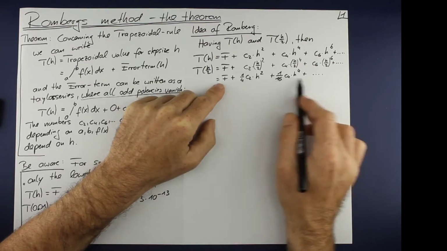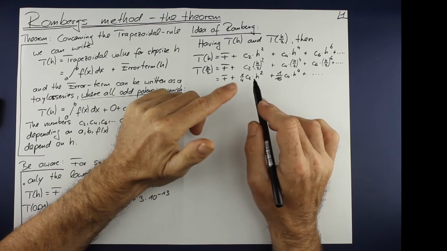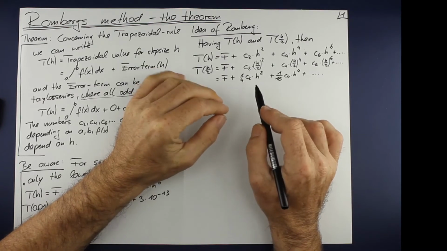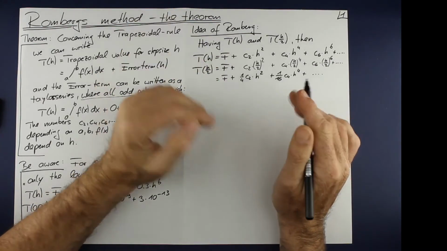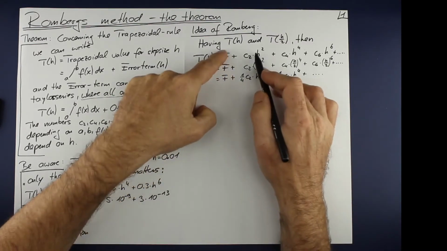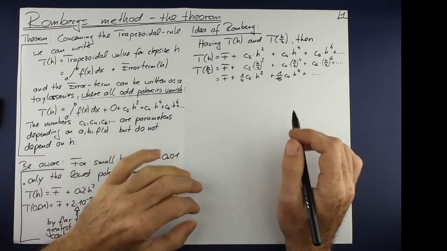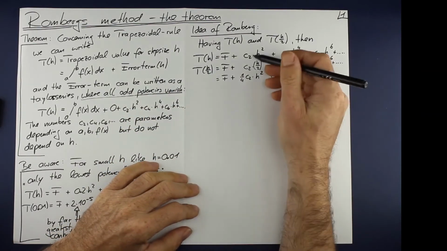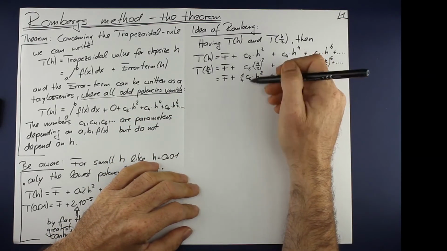And now remember, what do we do if we have a system of linear or nonlinear equations? Now we can combine these two, and what will happen? So we want to cancel this here.